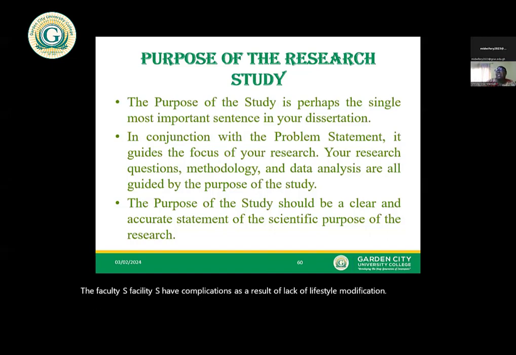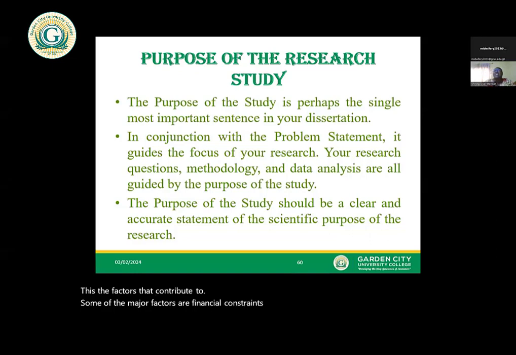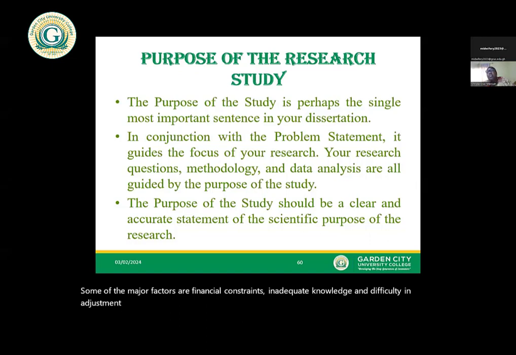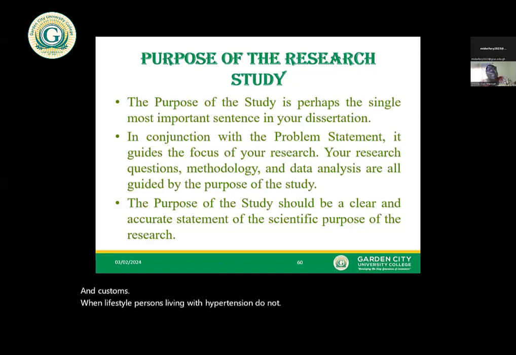Thus, some of the major factors that contribute to this are financial constraints, inadequate knowledge, and difficulty in adjusting to habits and customs. When persons living with hypertension do not modify their lifestyle and do the things that they usually do, this can result in complications such as diabetes, renal failure, cardiovascular accidents.